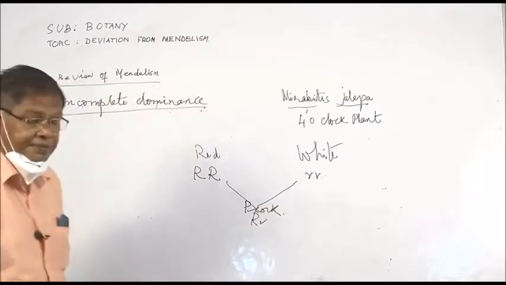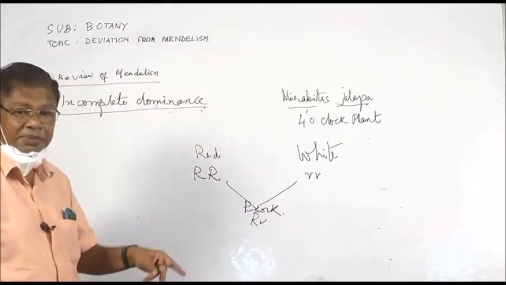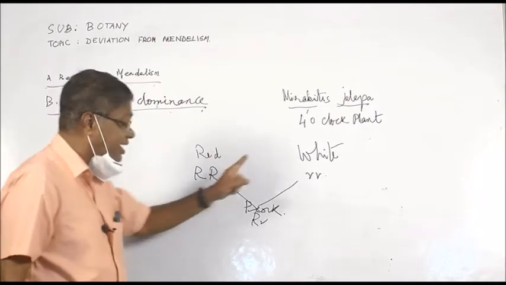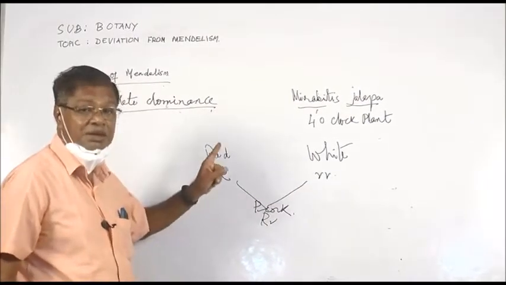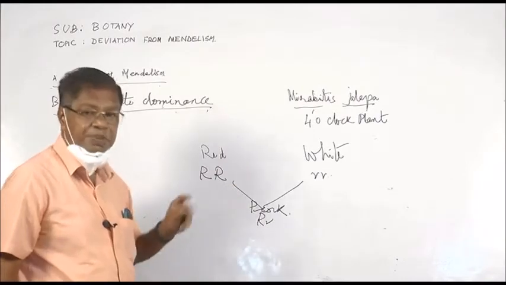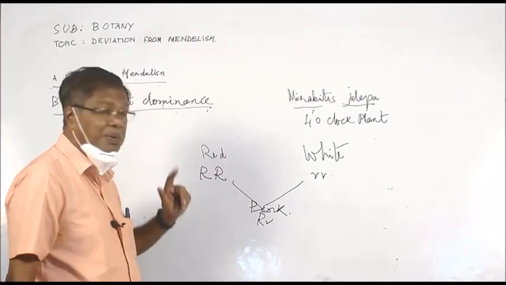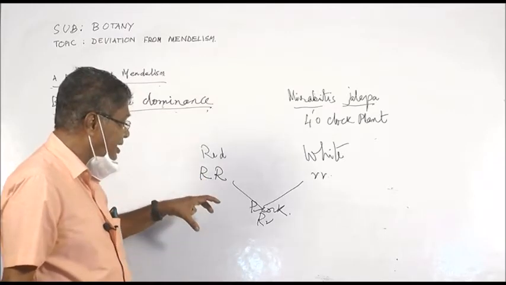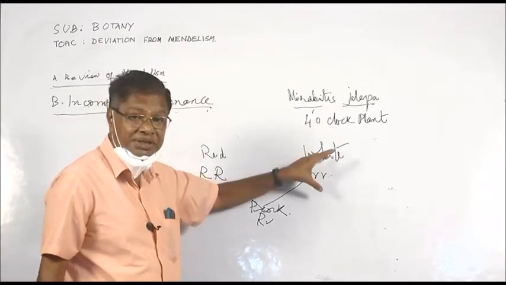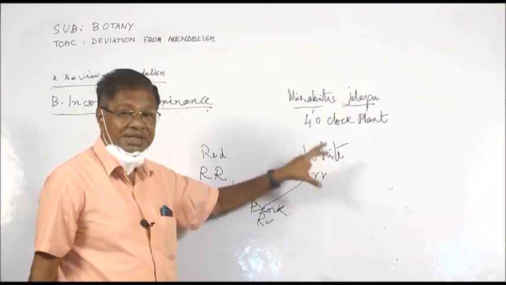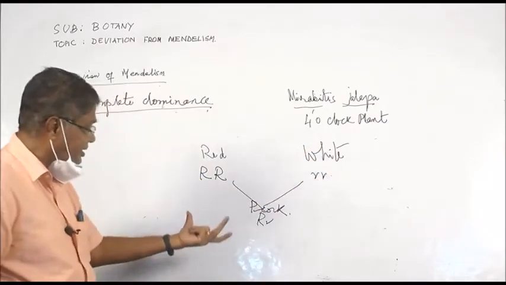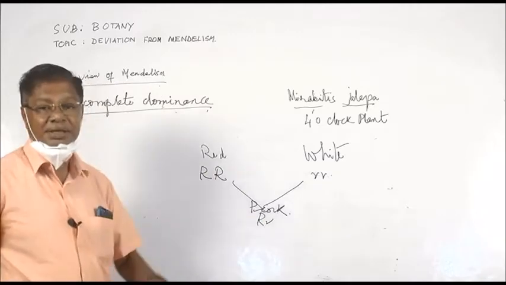It is giving a color in between red and white, and that is pink. This is because of incomplete dominance. That means the red gene is not able to completely suppress the effect of the white gene, so we are getting a pink color.